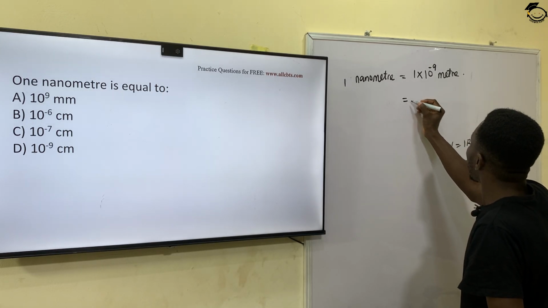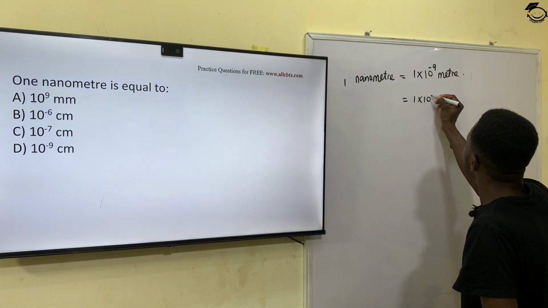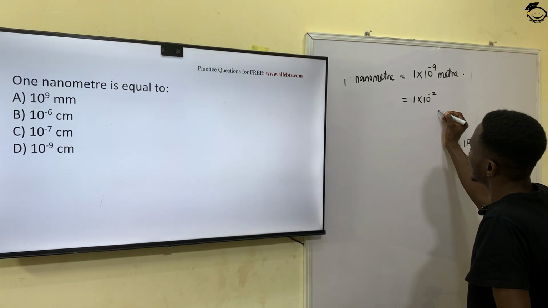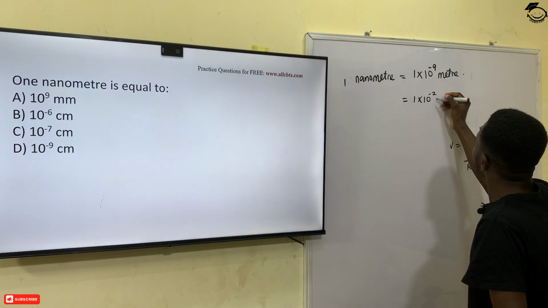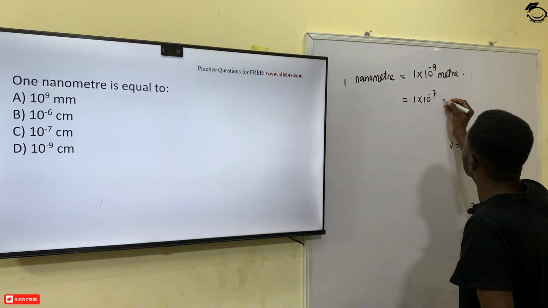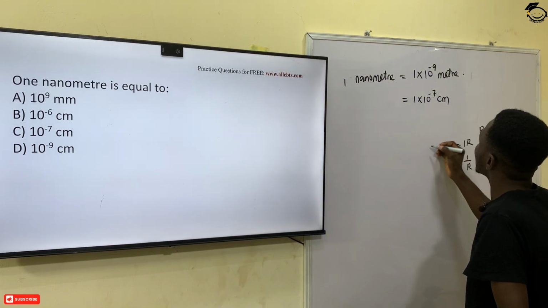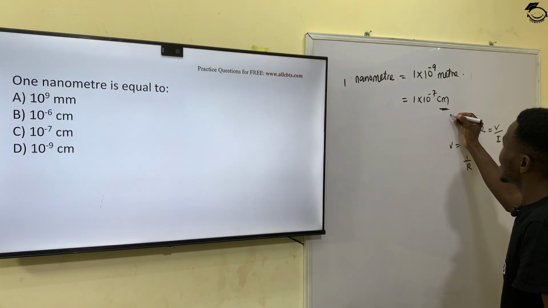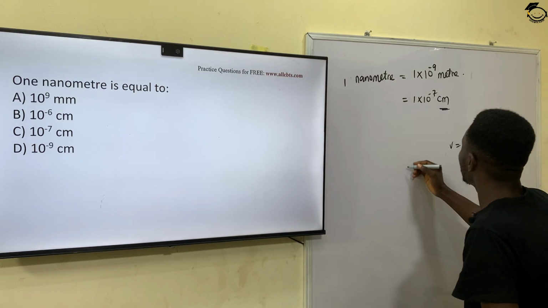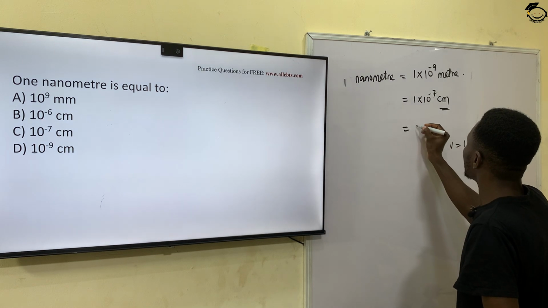So that will give me 1 times 10 raised to power minus 2, because centi is times 10 raised to power minus 2 as well. So this will give me minus 7, which gives centimeters. So 1 times 10 raised to power minus 7 is 1 nanometer in centimeters.